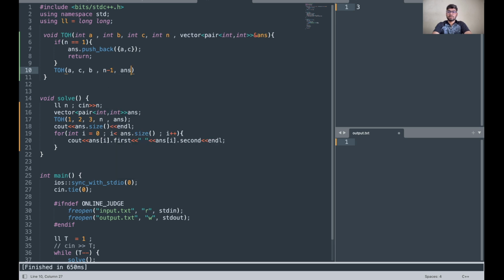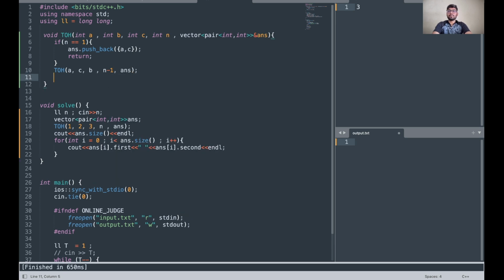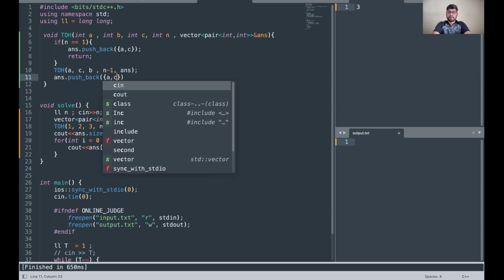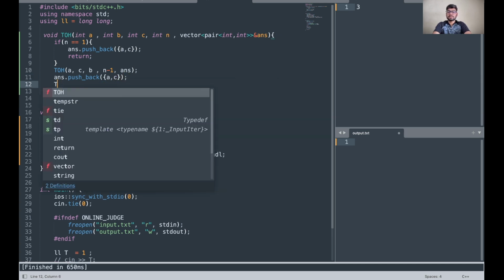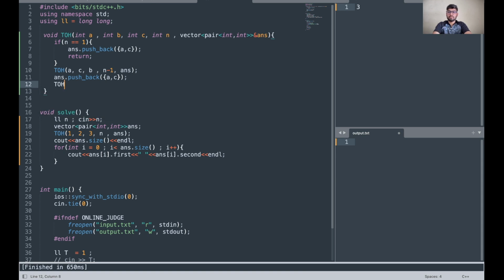Okay, and after that I have to print my nth disk from A to C. Again, without printing, I have to store, so answer dot push back A and C. And after that I have to call my second recursive call, that is step number 3.